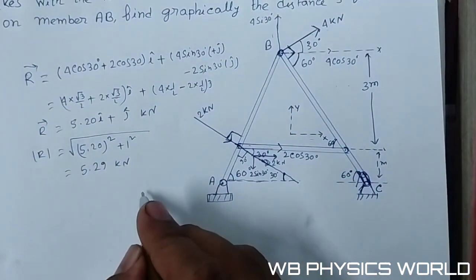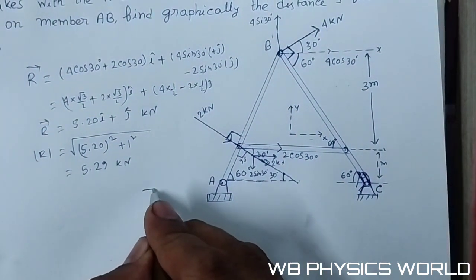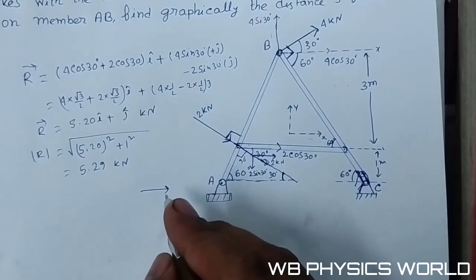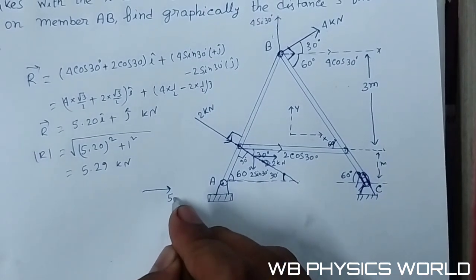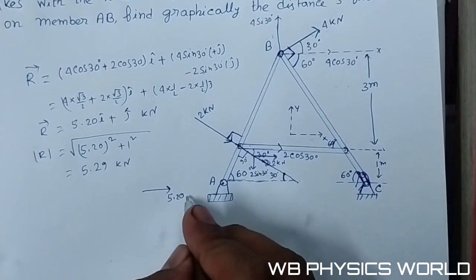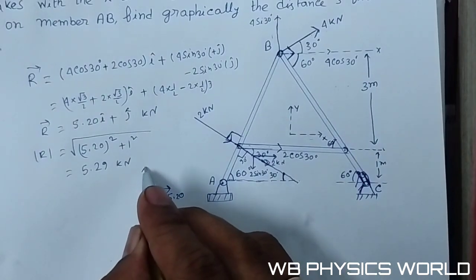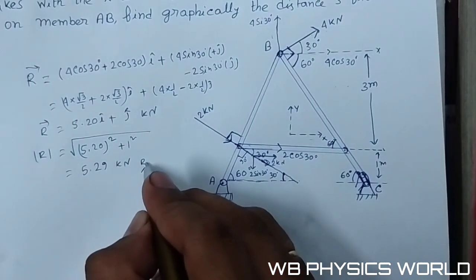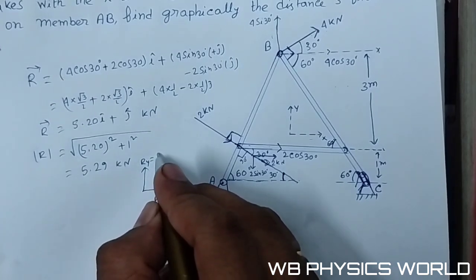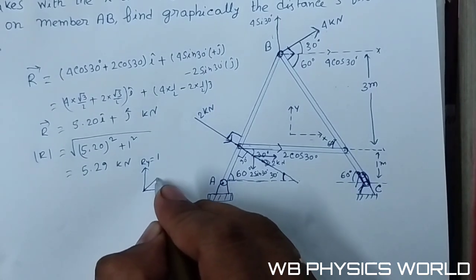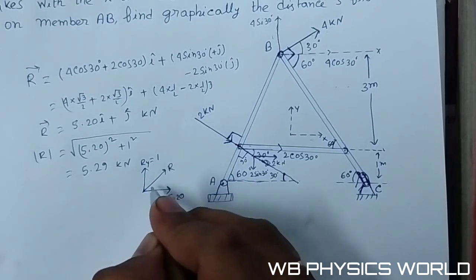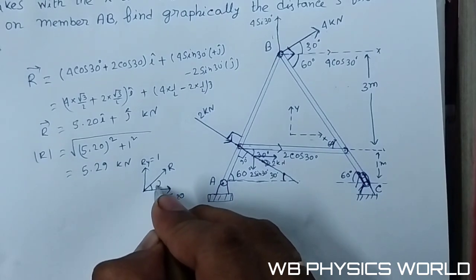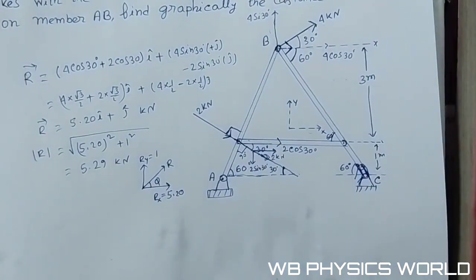So the component Rx is 5.20, and Ry is 1, and this R vector makes an angle, let's say phi.